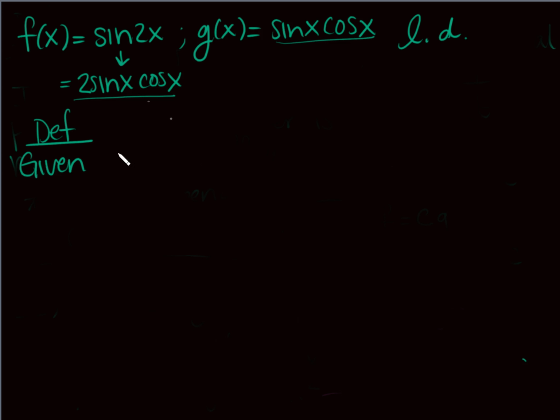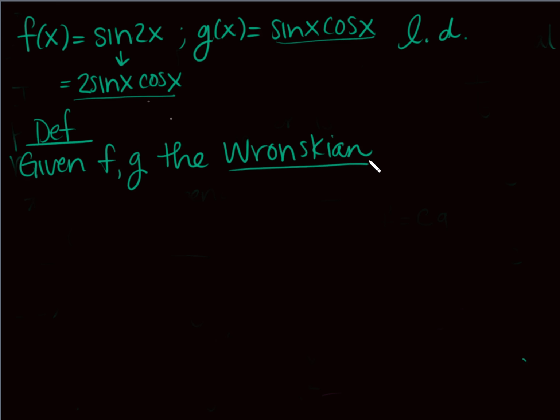So given f and g, we're going to define the Wronskian. The Wronskian, that's just a cool word, period. And the Wronskian is going to help us see if two functions are linearly independent or dependent, if it's not as easy as just looking at them and seeing, oh yeah, this is the double angle formula. If we took the Wronskian of these two, we'd be able to say for sure this is linearly dependent, okay?